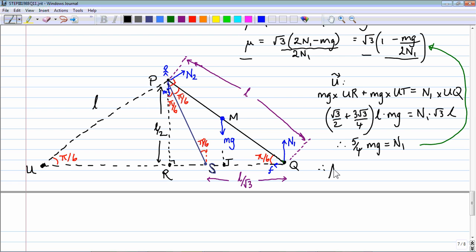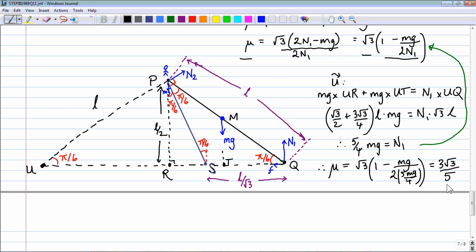So the final answer is that in this case the minimum value of mu is root 3 (1 minus mg over 2 times 5 mg over 4). So that's 5 mg over 2, so that's 2/5, so that's 3/5, so that's 3 root 3 over 5.